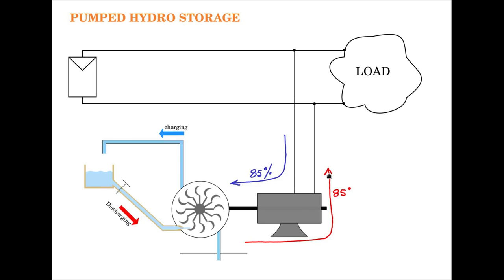So another 85% would be a practical value. So the overall efficiency of the charge and discharge cycle of the energy buffer system is 0.85 squared, which is around 0.72 or 72%. So you saw that even in the case of the battery buffer, the efficiency of the battery electrochemical storage system is around 70%. Here also it is around 70%.